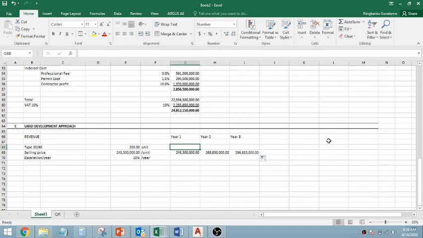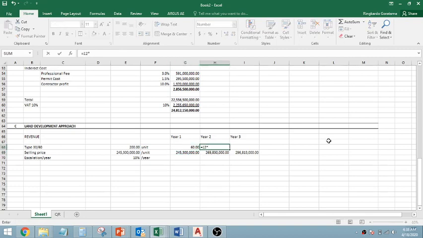So let's say in year one they are able to sell after obtaining the permit, so they have 6 months, and every month they can sell 10 units, so 60 units in year one.